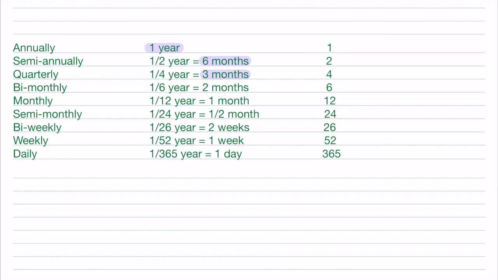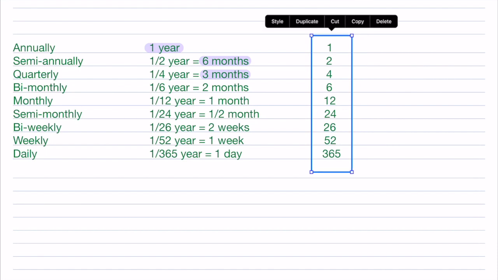Now, on the right-hand side, I've already mentioned that these are the amount of compounding periods per year. So what you see right here is important to us because we want to know how many times we will compound in a year. And this is typically referred to just as a little m.